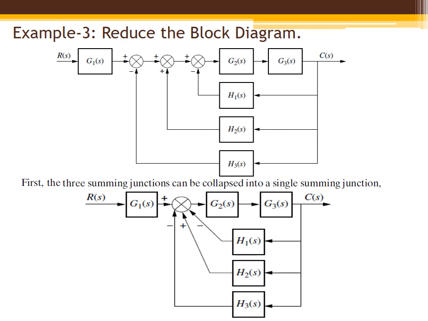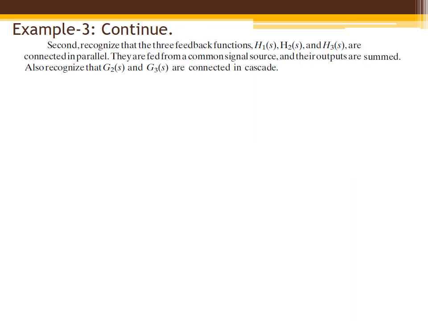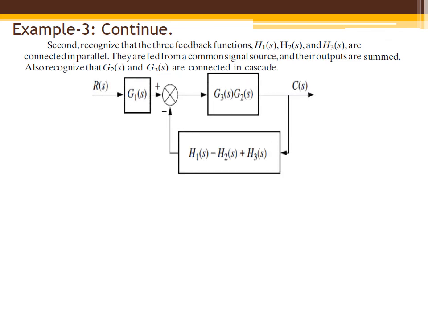Now all the feedback gains H1, H2 and H3 are connected to one summing point with their proper signs. Now we can use rule number 2, that is block in parallel. So all the gains are converted into one block. According to their signs, H1 minus H2 plus H3.